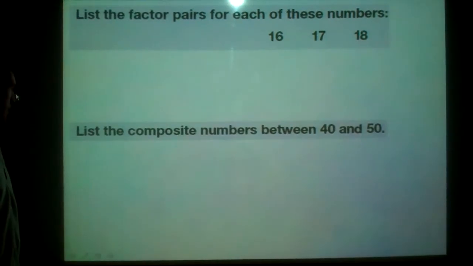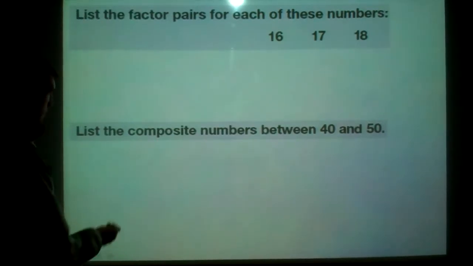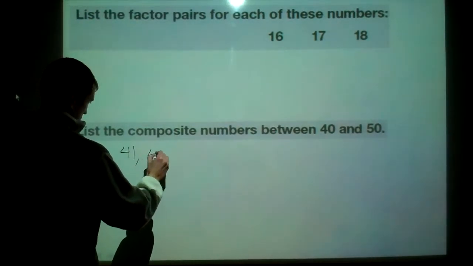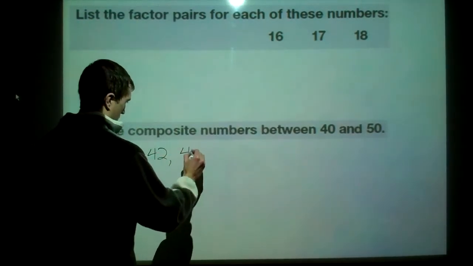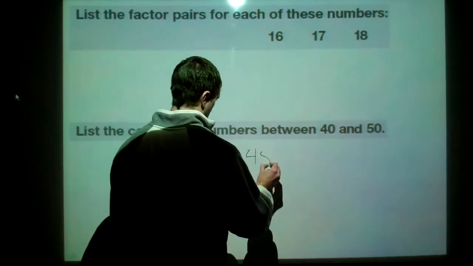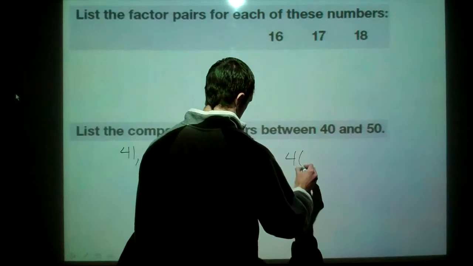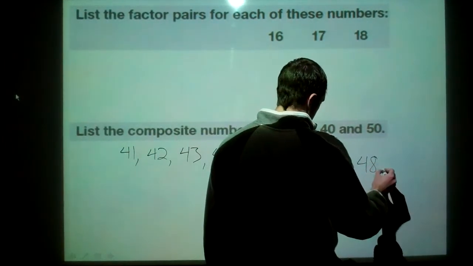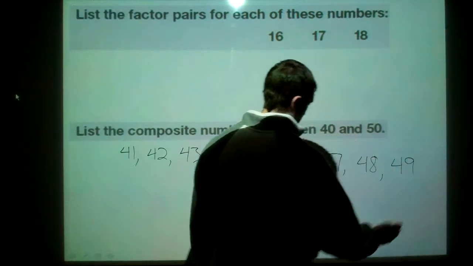Alright, now list the composite numbers between 40 and 50. Now it says between 40 and 50, so we're going to be looking at 41, 42, 43, 44, 45, 46, 47, 48, 49.